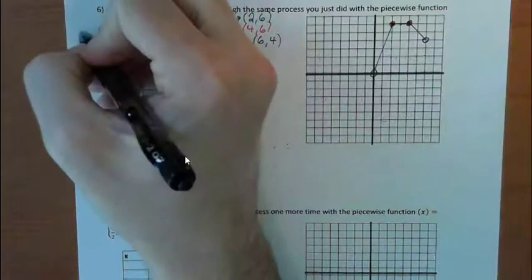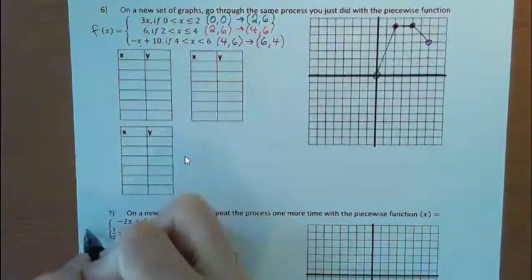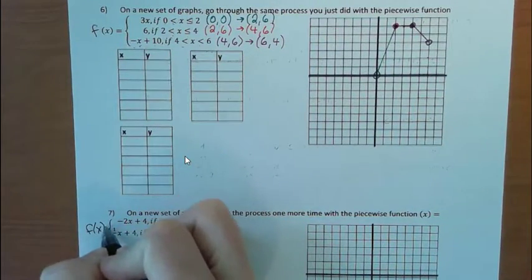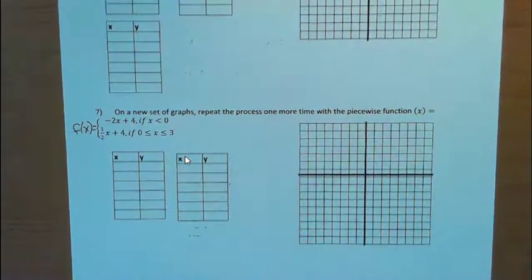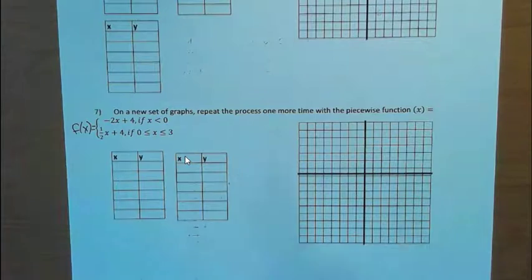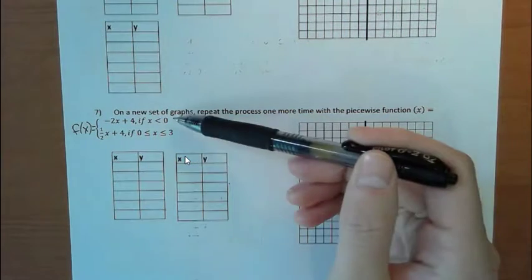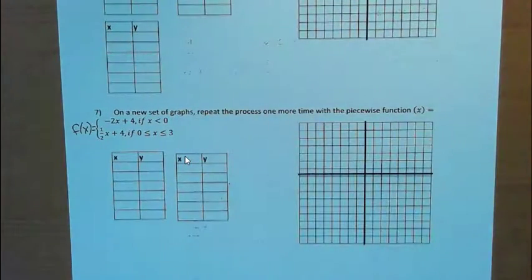So moving on to our last piecewise function of these notes. We're going to move to our bottom graph here. Now we only have two functions, and one where it's just x is less than 0. Let's go ahead and do this one now to finish up.